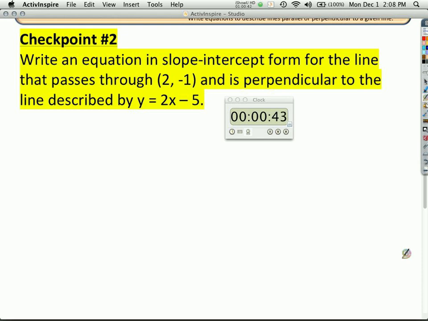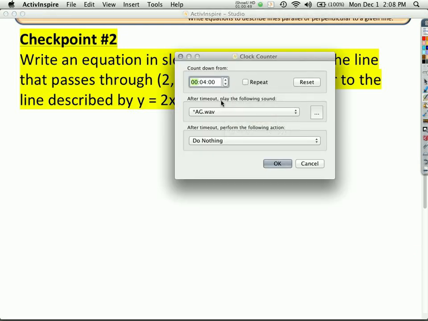You're going to have a minute of team talk time, so if you're already done, go ahead and start team talk right now. You got 1 minute to compare your answers.